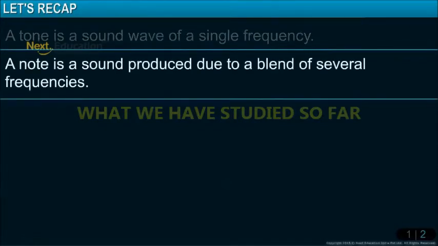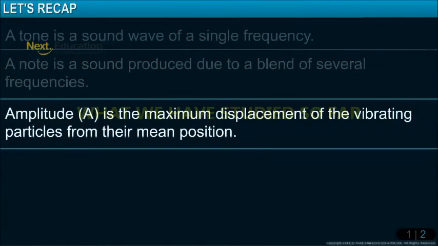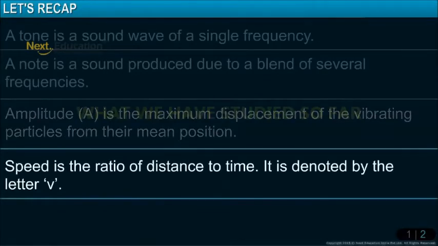A note is a sound produced due to a blend of several frequencies. Amplitude A is the maximum displacement of the vibrating particles from their mean position. Speed is the ratio of distance to time. It is denoted by the letter V.